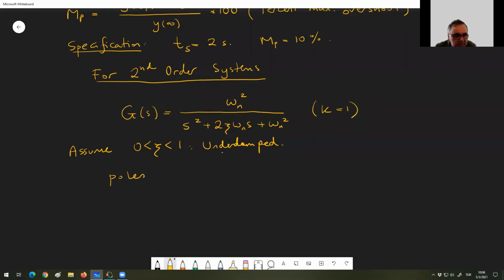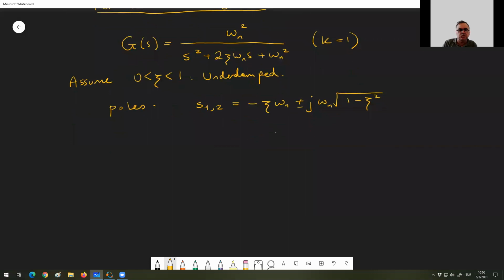So the poles are minus zeta omega n plus or minus j omega n root of 1 minus zeta squared. And the response of this system to a unit step input, as you remember.